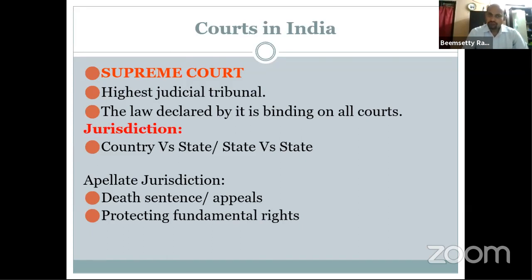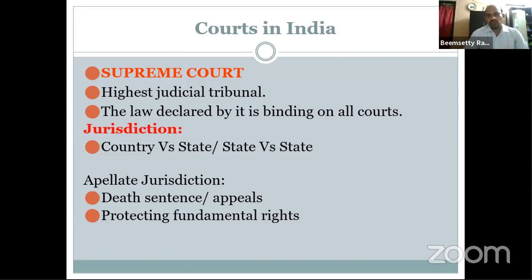And one more thing I want to tell you is appellate jurisdiction. Which are the appellate courts in our country? Only the Supreme Court and the High Court are appellate courts. They won't directly deal with cases. Whatever trial happened in the lower courts, they can appeal in the higher courts.